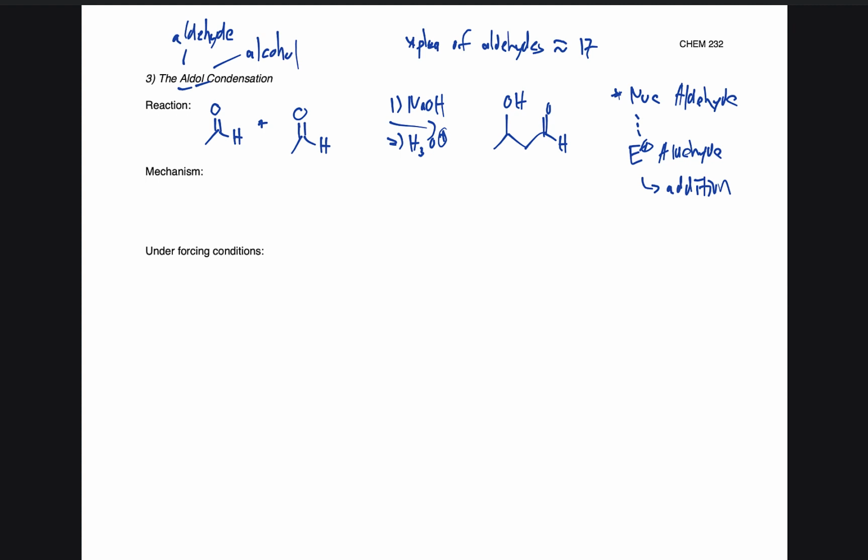So what does the mechanism for this look like? We have an aldehyde here, and we have our carbon at the end with all our hydrogens, and we can treat this with NaOH.